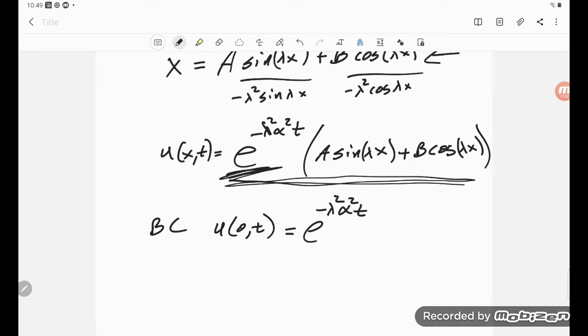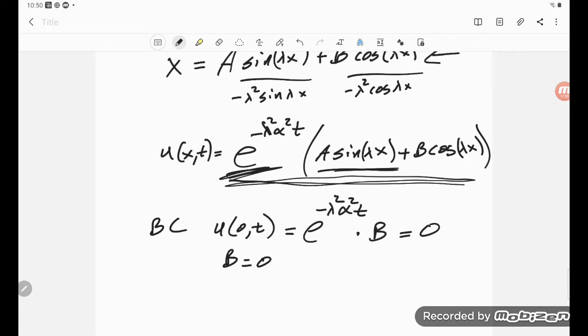We get that from right there. But now if I let x equal 0, sine is 0 and cosine is 1. And so I just get times b. And again, our boundary conditions are homogeneous. That has to equal 0, which means that b equals 0.